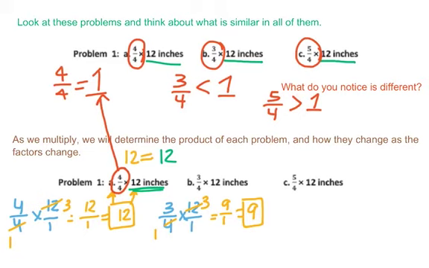If I compare 9 to this constant factor, which is 12, 9 is less than 12. The reason why 9 is less than 12 is because we multiplied by 3/4. Remember, 3/4 is less than 1. So if the factor is less than 1, the product will be smaller. Okay, lastly, we have 5/4 times 12.